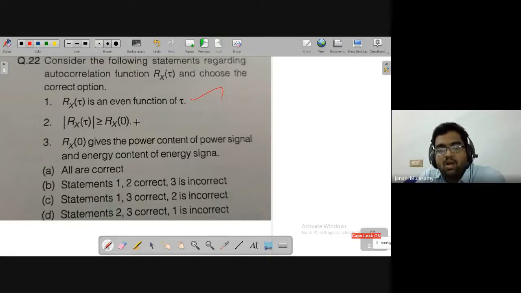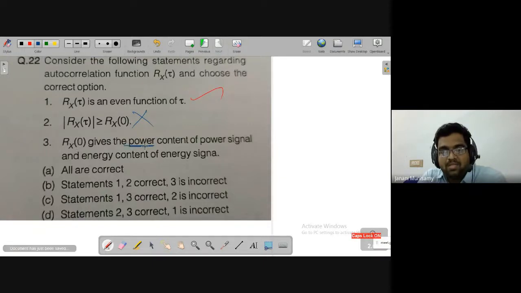Then they are telling the autocorrelation at origin is less than at any other point, but this is not true. I already told you the autocorrelation at origin is the maximum. At tau equal to 0 you get the maximum value, and at all other points it is smaller. So this is wrong.